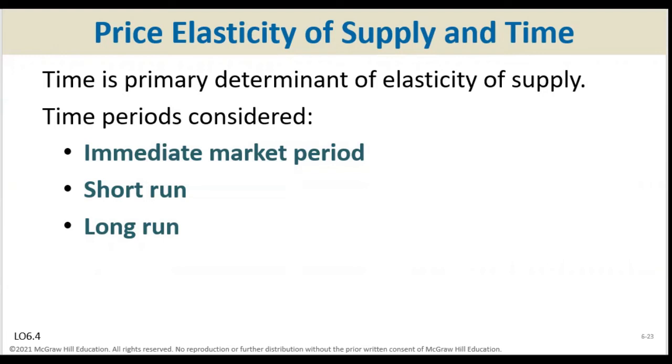The short run means that there's enough time to adjust the output by increasing or decreasing only the variable input, but not the fixed input. And in the long run, you have enough time to adjust the variable and the fixed input. So you can adjust your output by increasing or decreasing all your inputs, fixed and variable.